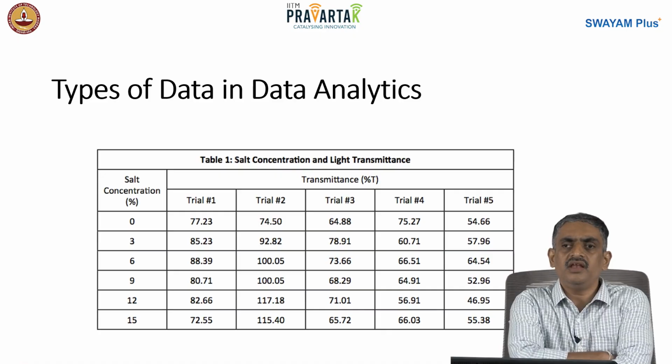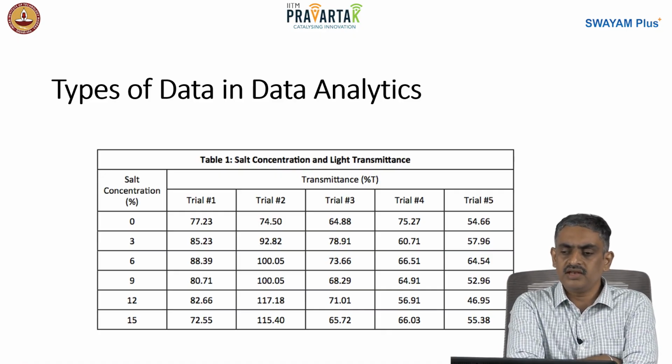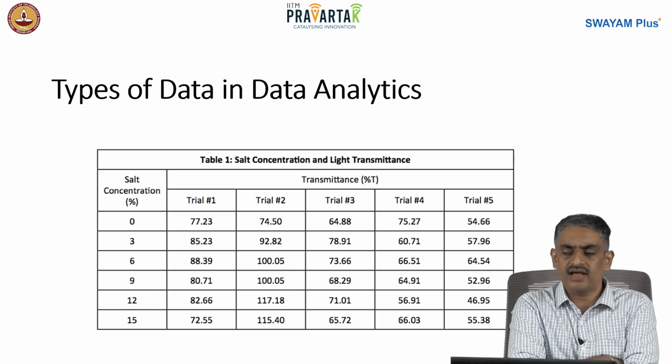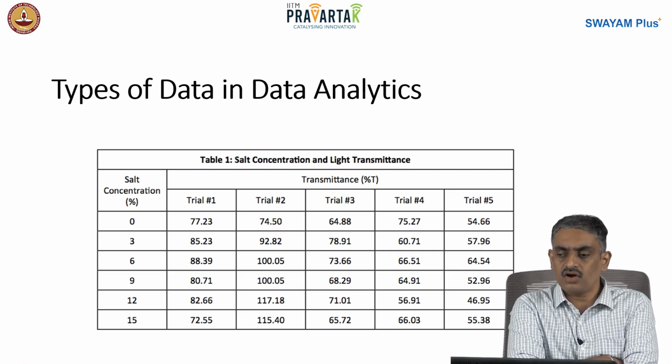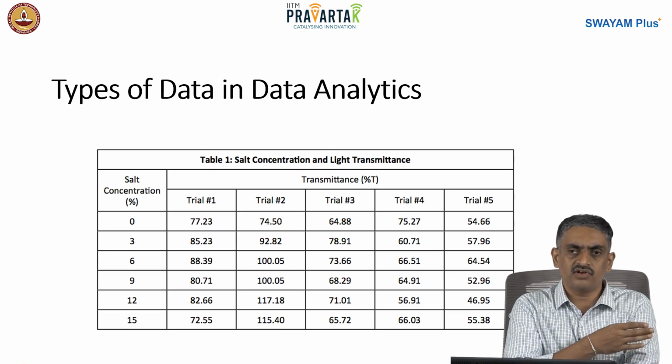On your screen, you can see an example of tabular data, which shows salt concentration and light transparency. At various levels, based on the concentration of salt, how does the light transmittance change?